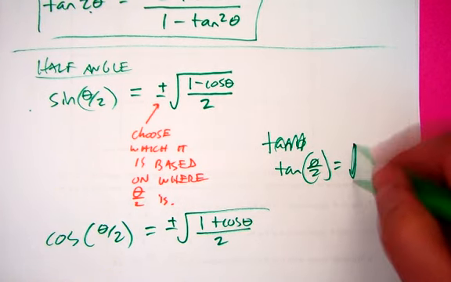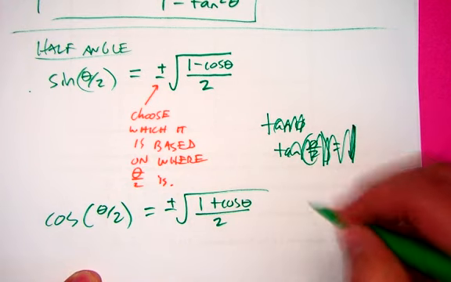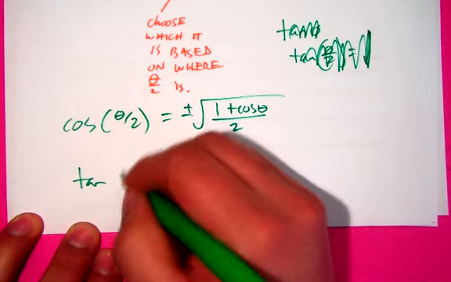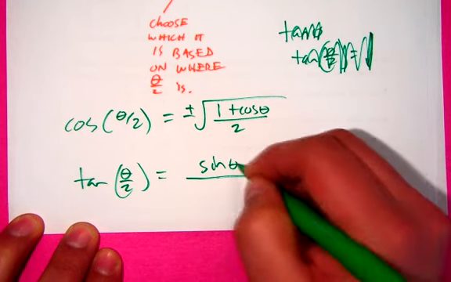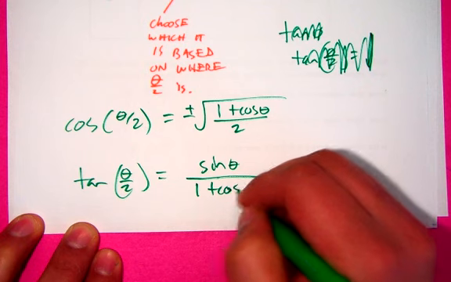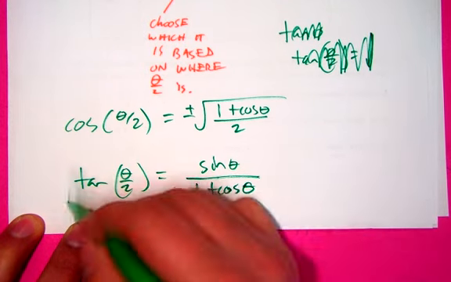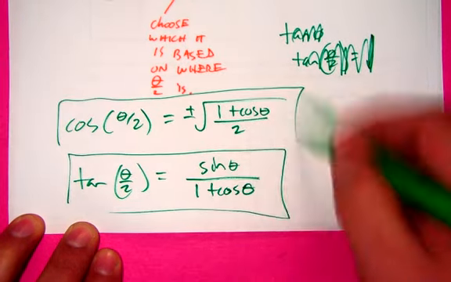What am I doing? That does not have a square root. Sorry about that. Let me start over. Tangent of theta over 2 is sine theta over 1 plus cosine theta. Okay, so these are the 6 formulas that we'll deal with in this section.